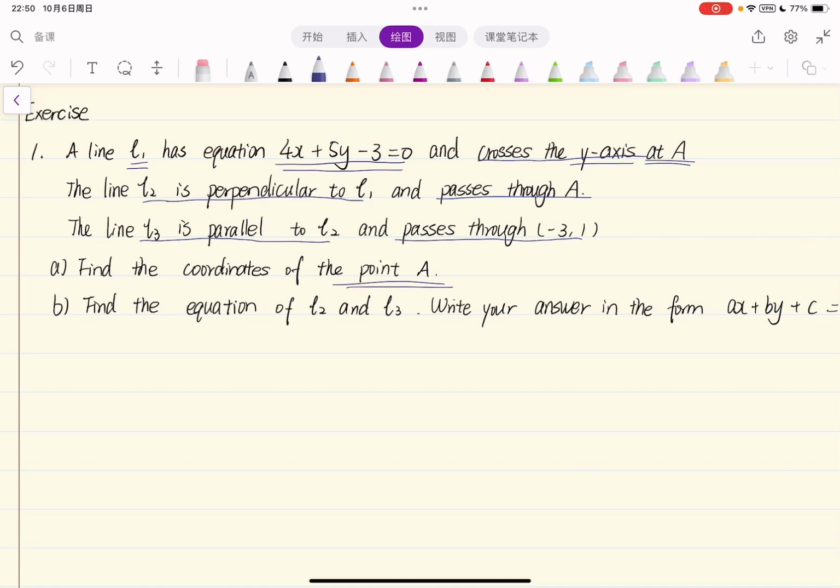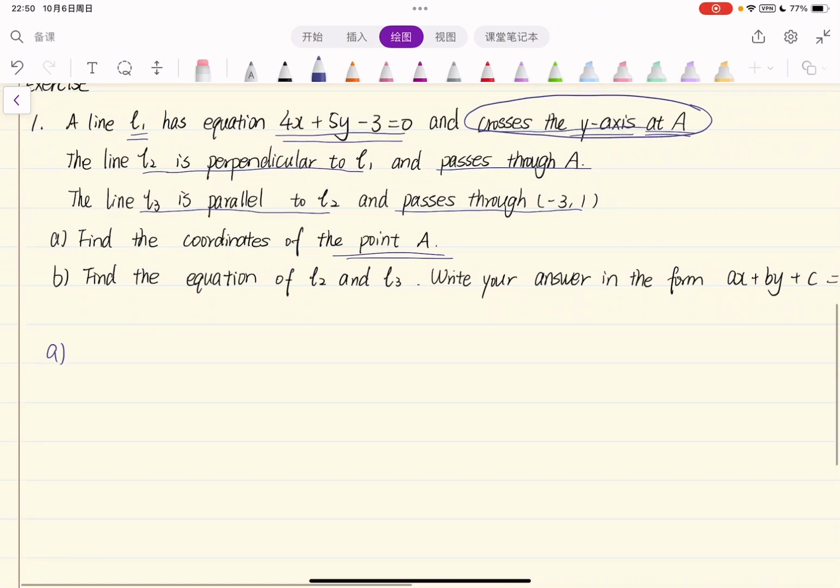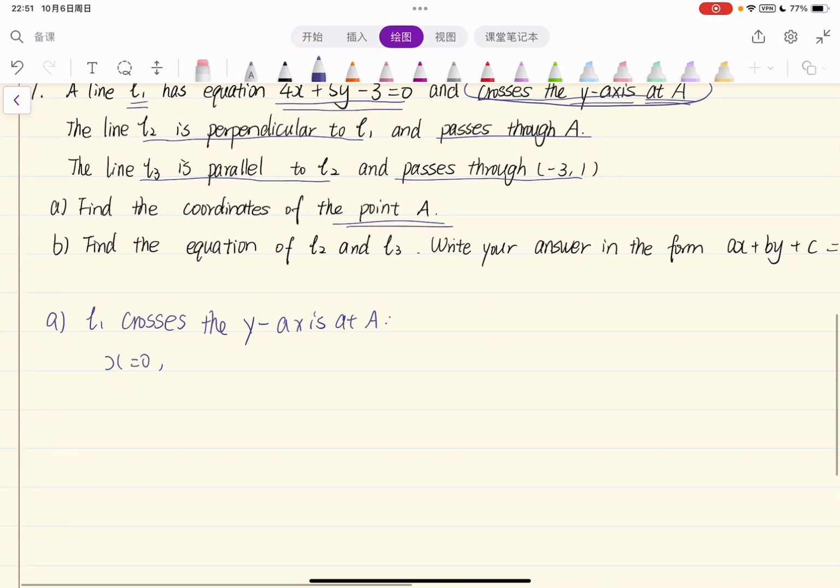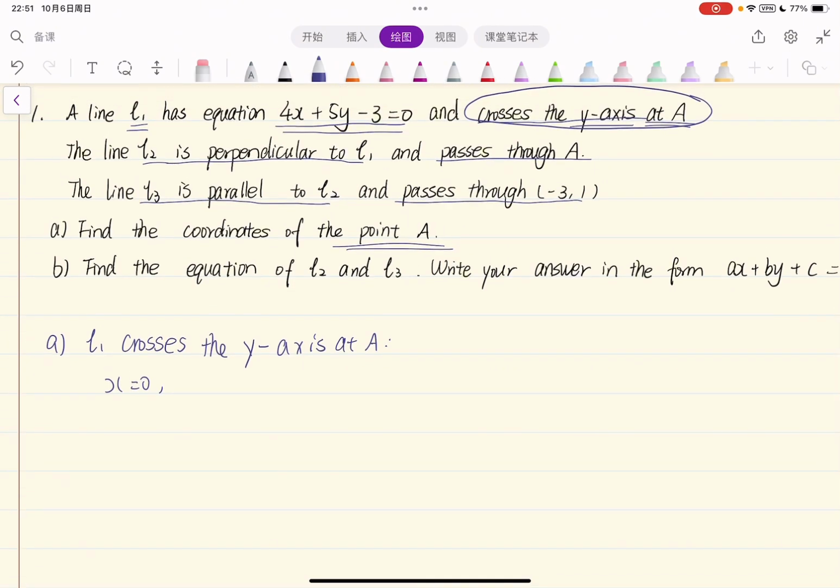We notice that A is the point where L1 crosses the y-axis, which means x equals 0.